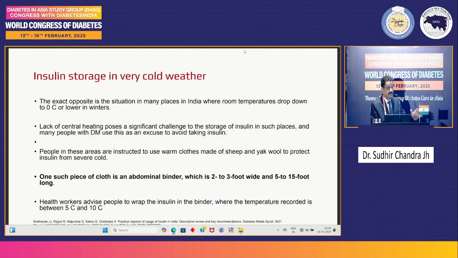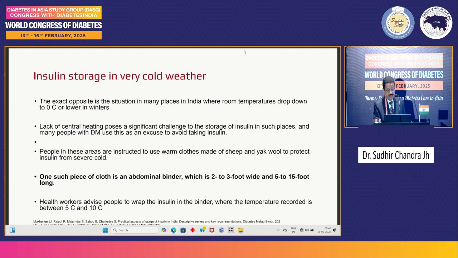This is very challenging in cold weather, where the temperature drops to 0 degrees and sometimes lower. The lack of central heating poses a significant challenge. People in these areas are instructed to use warm clothes made of sheep and yak wool to protect insulin from the severe cold. One such piece of cloth is the abdominal binder, which is 2 to 3 feet wide and 5 to 15 feet long.